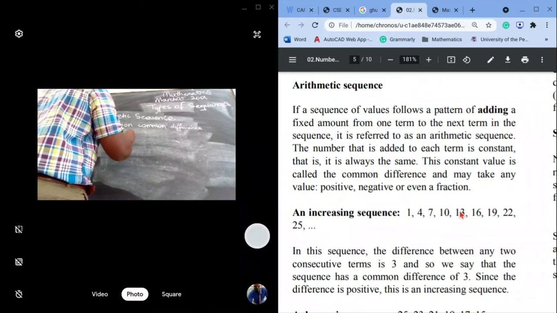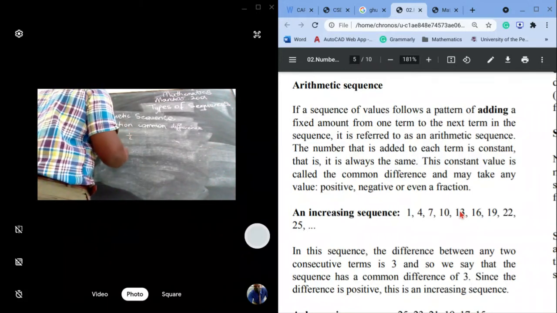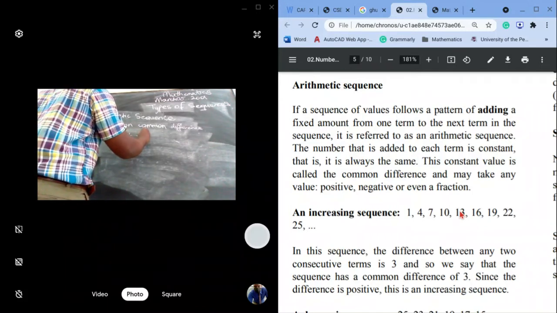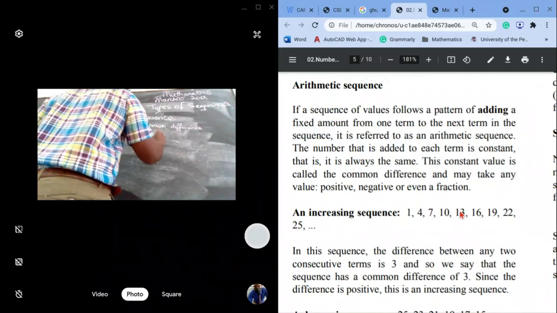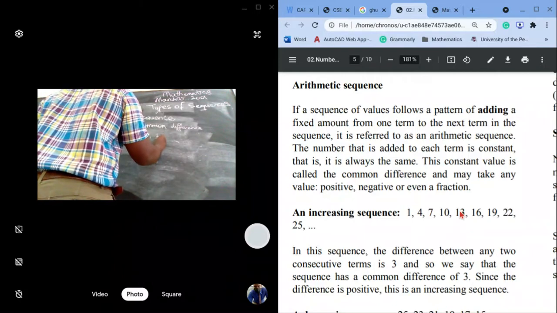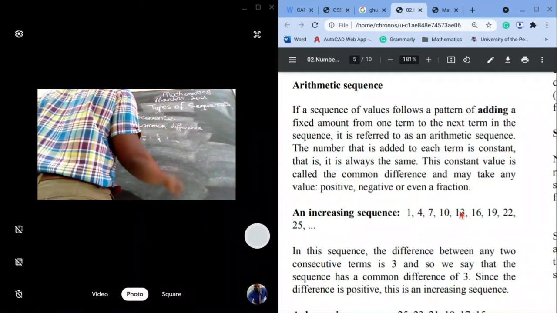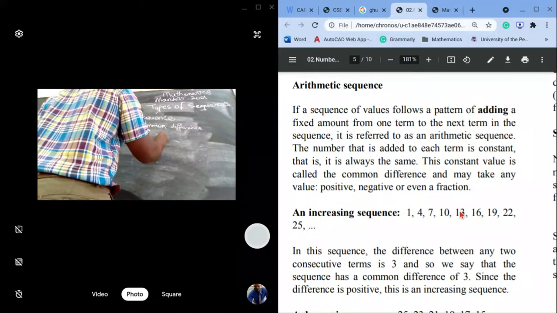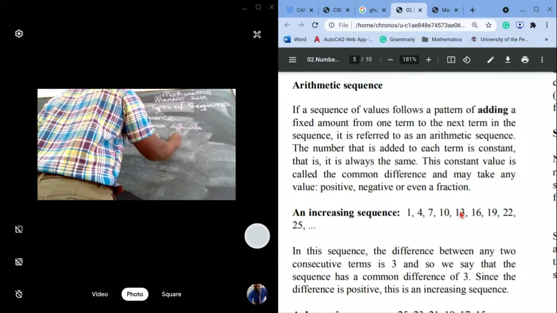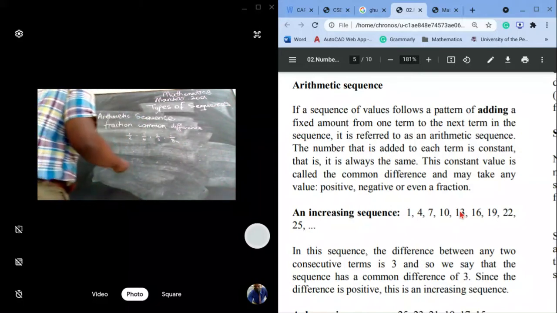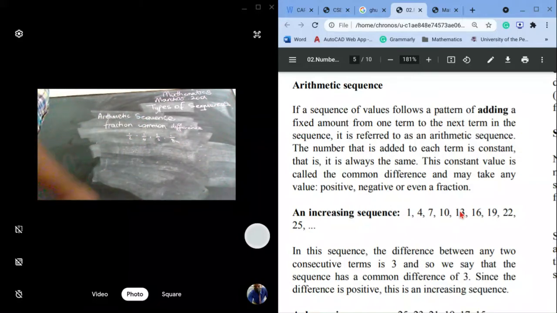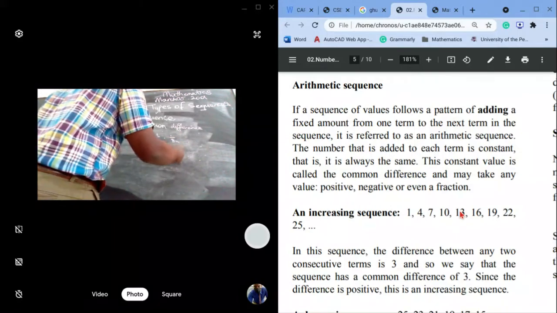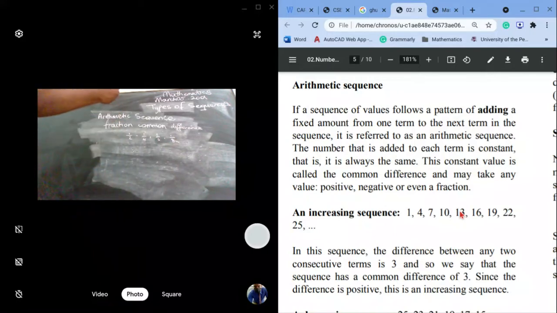So if I have a half, right, and then I turn to a quarter, and then I turn to an eighth, and then I turn to a sixth, and then I turn to an eighth, right? What is the rule in this example? So a half, a fourth, a sixth, and an eighth. You add a half each time, right?